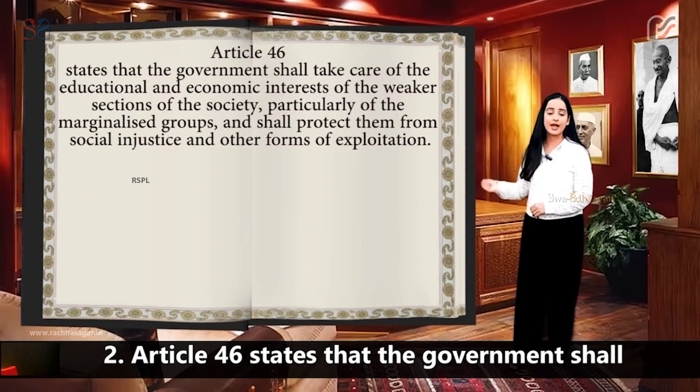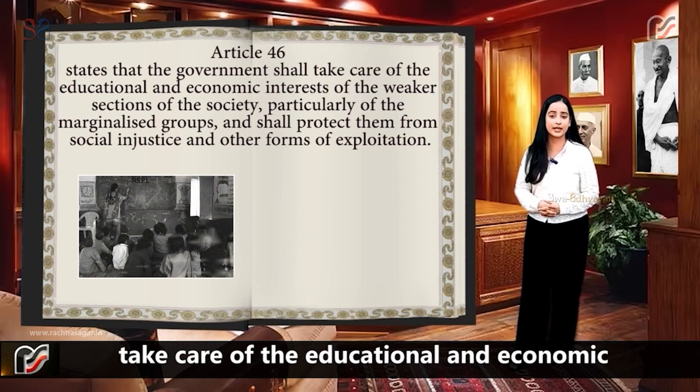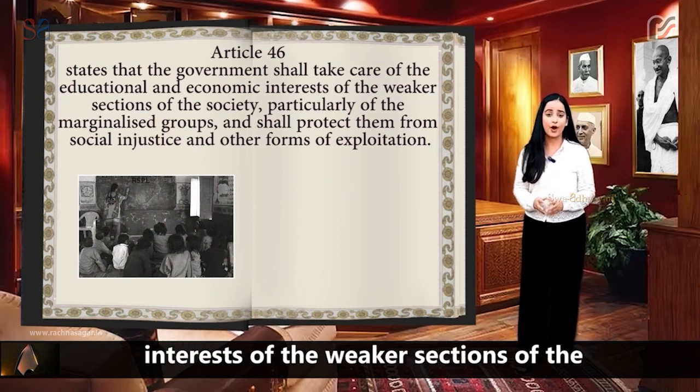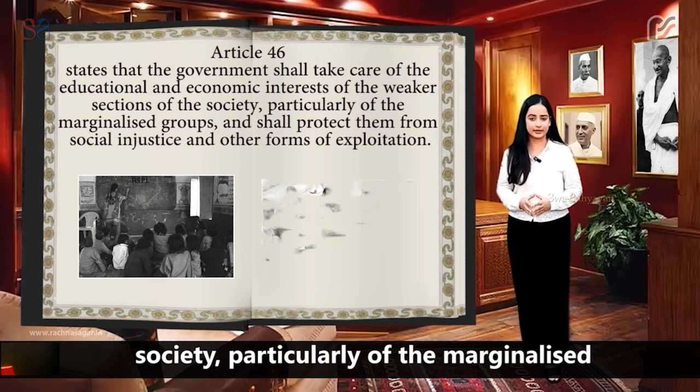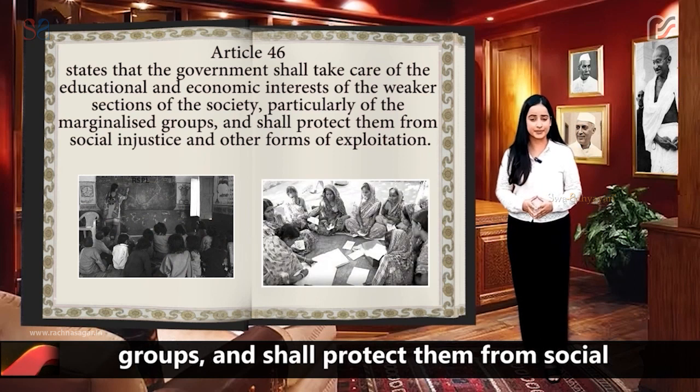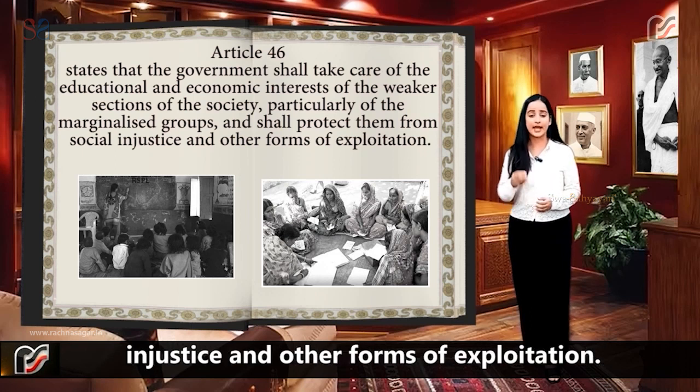Number 2. Article 46 states that the government shall take care of the educational and economic interest of the weaker sections of the society, particularly of the marginalized groups, and shall protect them from social injustice and other forms of exploitation.